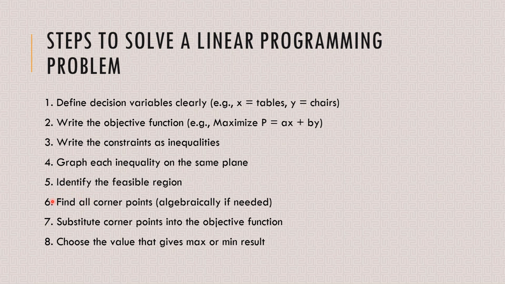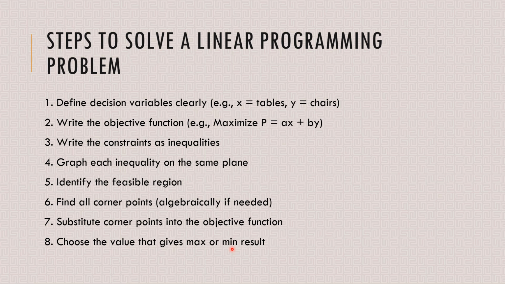We are going to take all these points into consideration, and we will substitute them into the inequalities to see which of them will solve our problem, whether to maximize the profit or to minimize the cost. So choose the value that gives the maximization or the minimization.